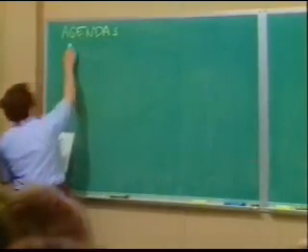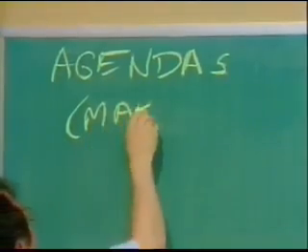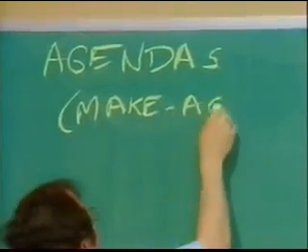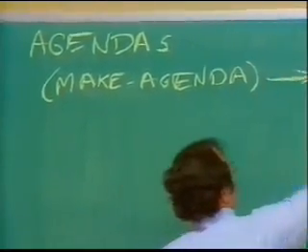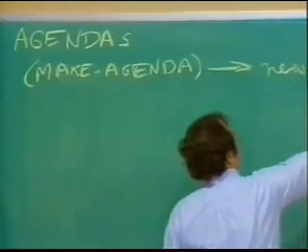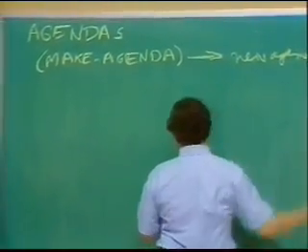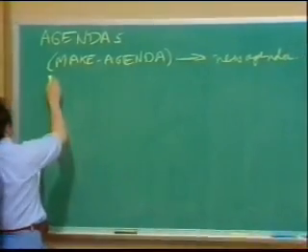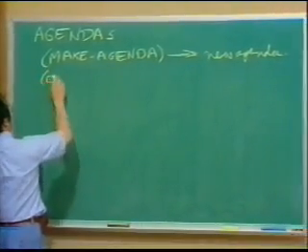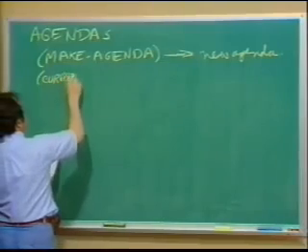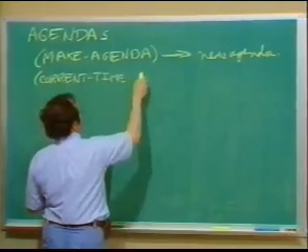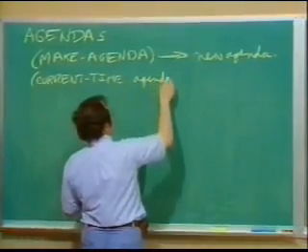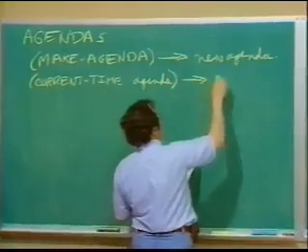So what do we have? We have things like make agenda, which produces a new agenda. We can get the current time of an agenda, which gives me a number, a time.